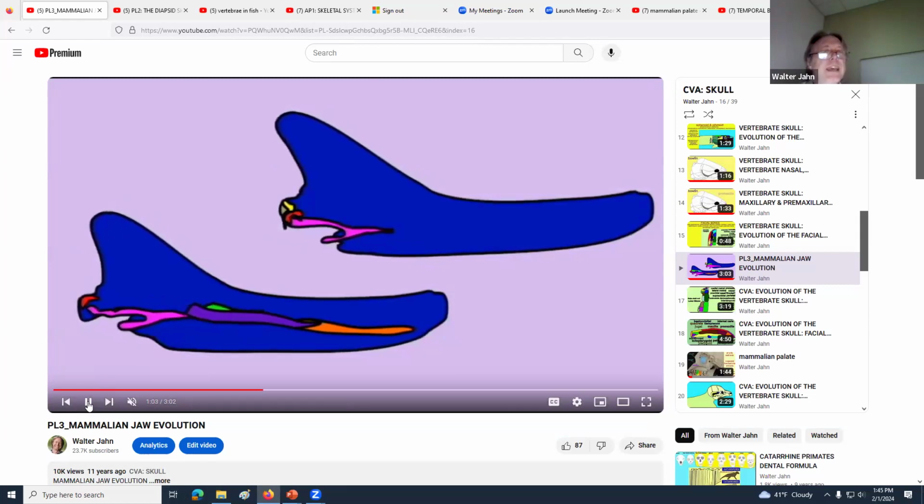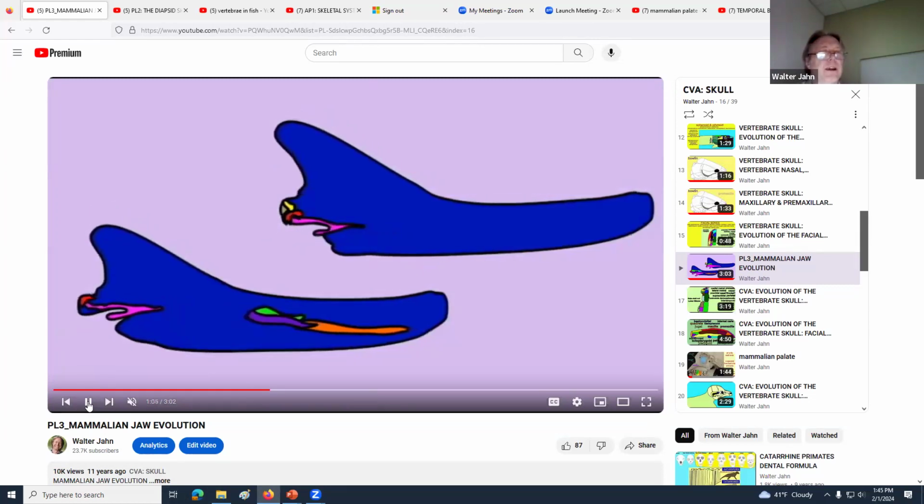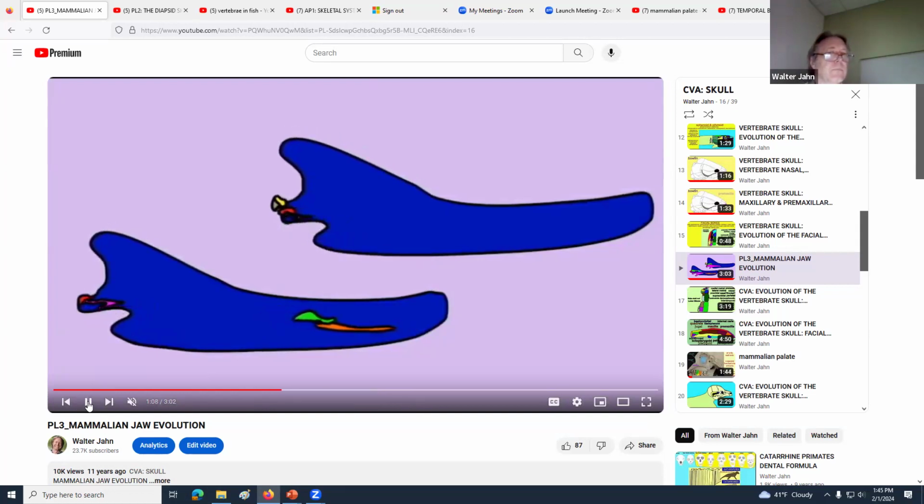By the time we get to the first mammals, we are now looking like this, maybe. So look at this. That's a maybe. Or like this. And I say maybe, because where do you draw the line between what's a mammal-like reptile and what's a mammal? Turns out different people do it different ways.